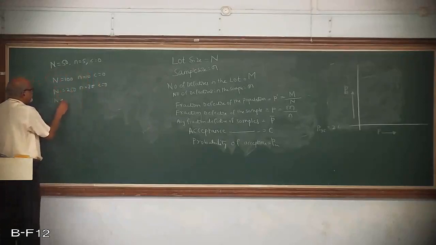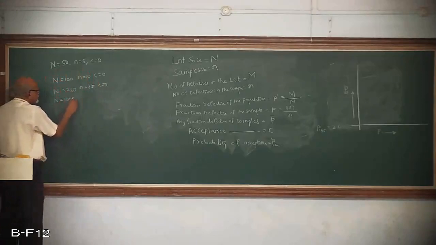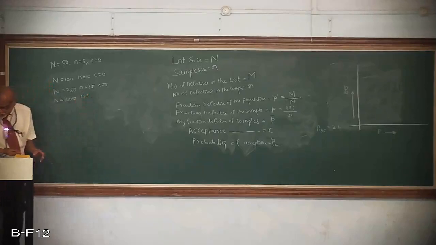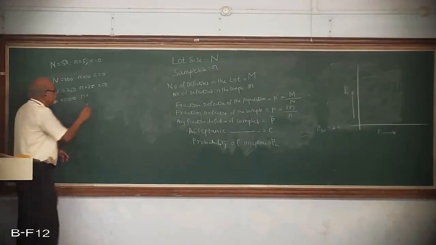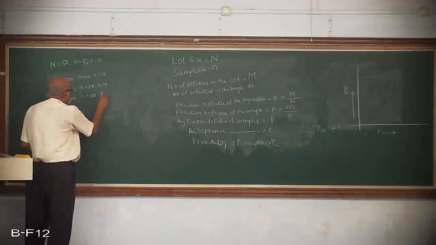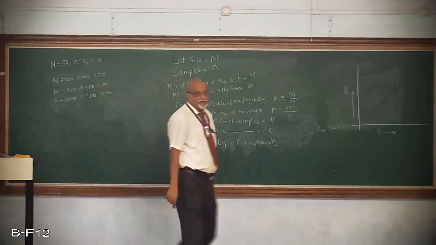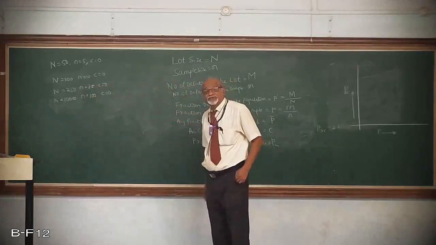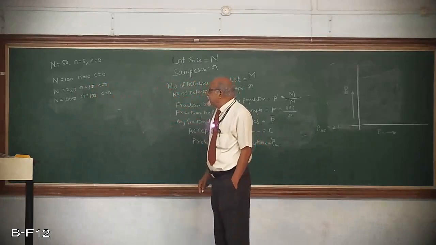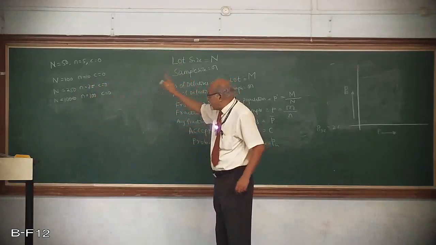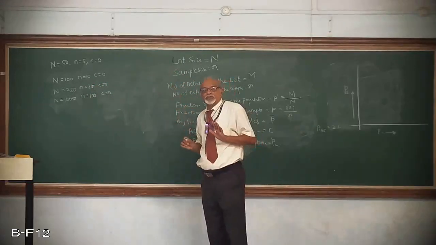N is 1000, small n is 100 and C is 0. What is it that I have done? You just look at the proportions. And the C values I have kept constant at 0.